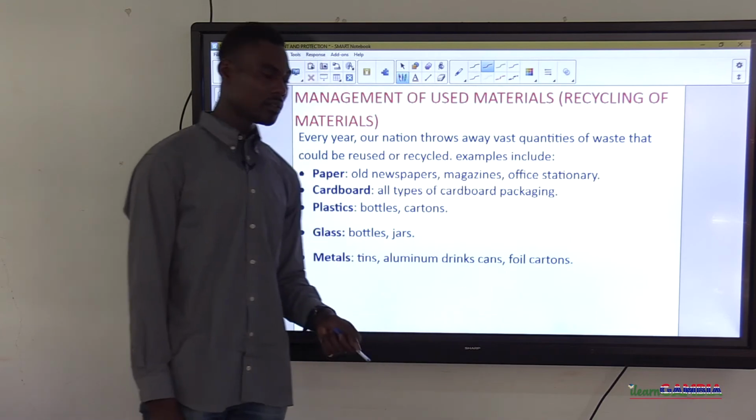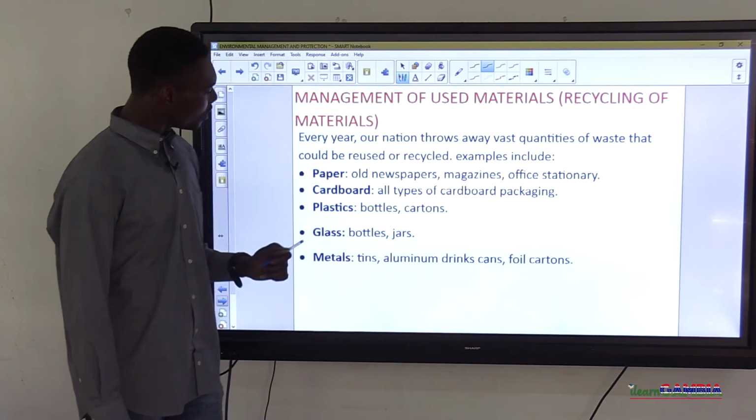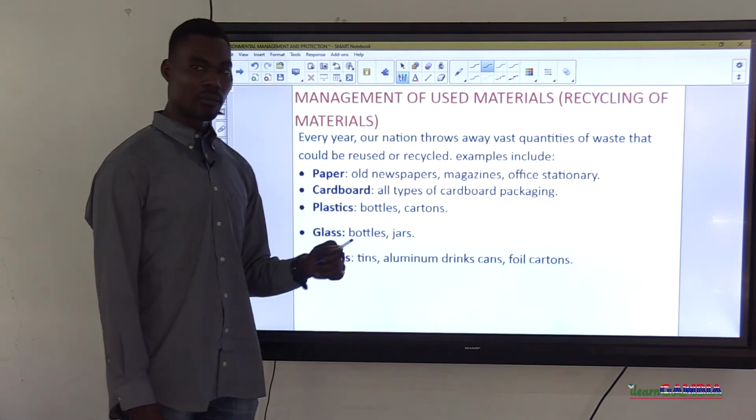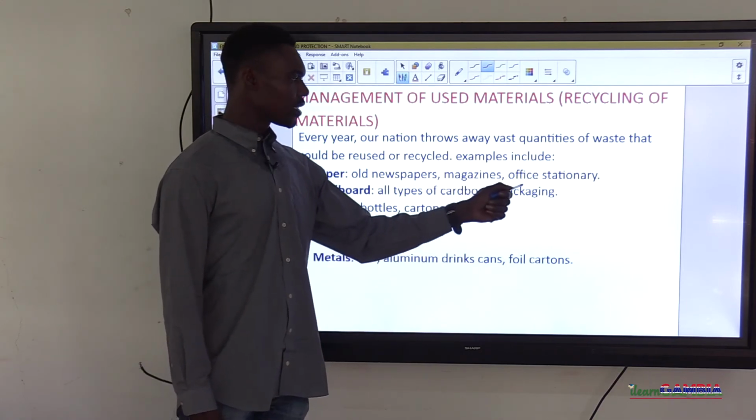Examples include, point 1, paper. These are in the form of old newspapers, magazines, and office stationery.